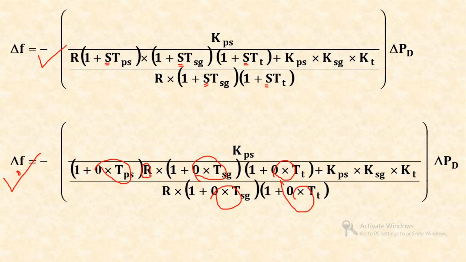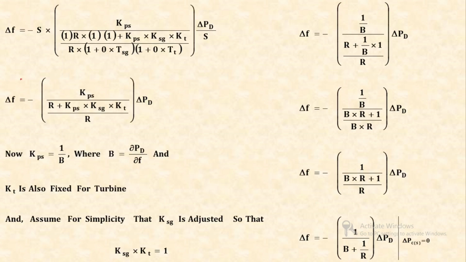So, only r will be there. Over here 1 plus 0, 1 plus 0 into r. So, only r term will be there. So, this is the further simplification, that over here 1 1 1 remaining. So, delta f is equal to minus of kps divided by r plus kps into ksg into kt, all divided by r, into delta pd.